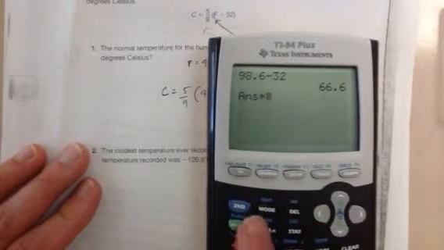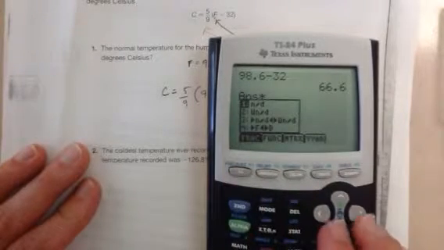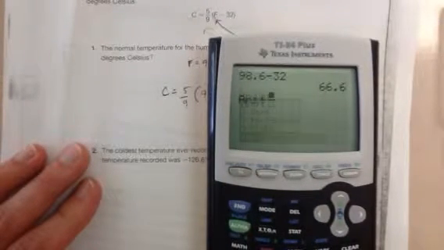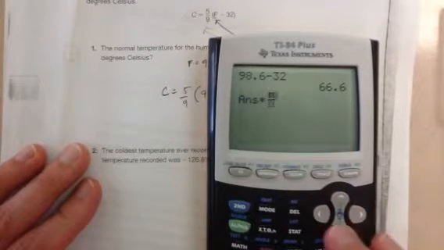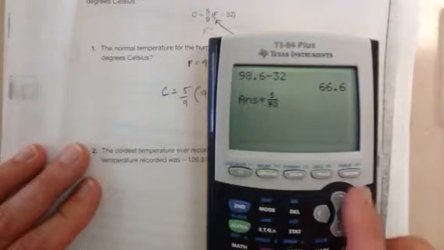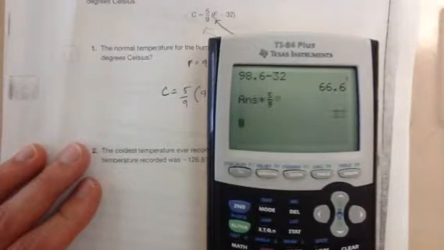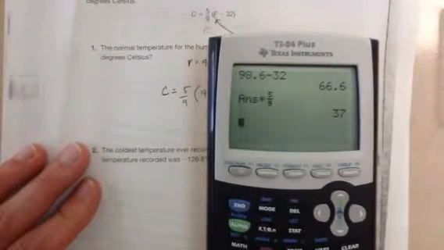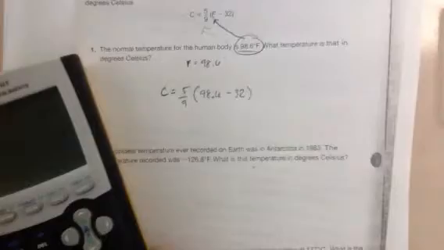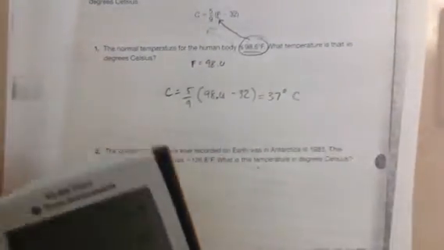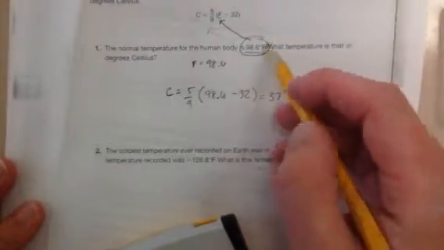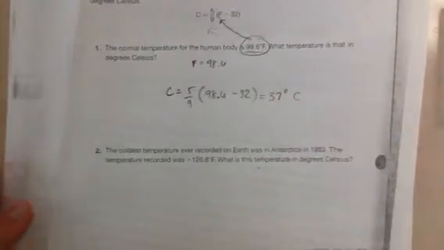Or we can hit alpha y equals, and that lets us pick a fraction that we can then enter as 5/9. Either way, this will give us 37 degrees Celsius. So 98.6 degrees Fahrenheit is the same thing as 37 degrees Celsius.